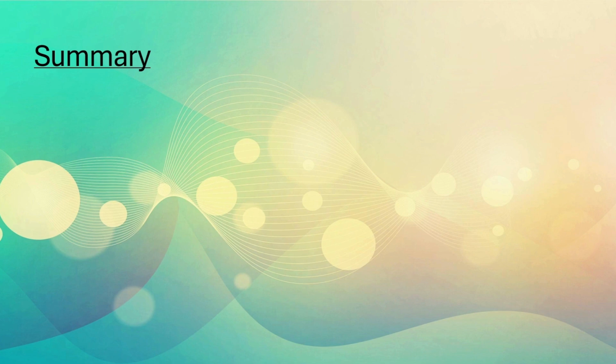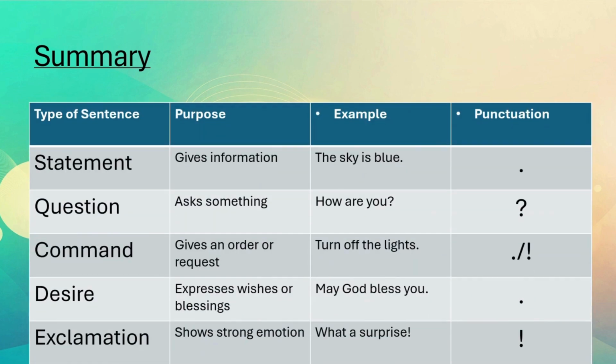Now, let's revise all five types in a simple chart. Okay, so the statement gives information, like the sky is blue. It is giving information. That's why it is a statement and it ends with a full stop. Now, the question helps in asking something, like how are you?